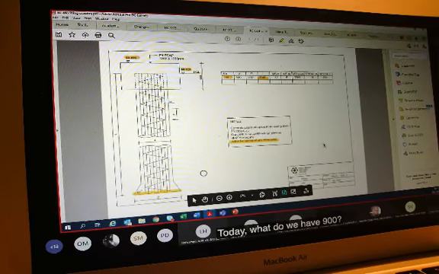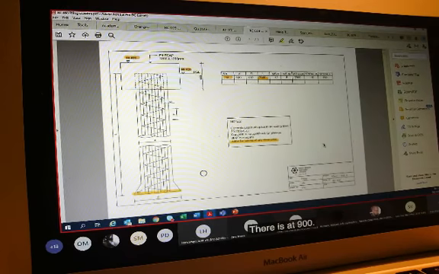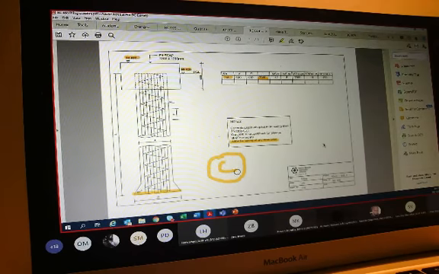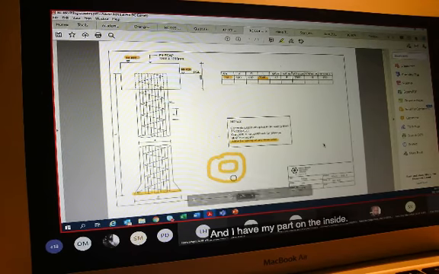I now need to determine what that 2.2 is. I need to measure the circumference of this foot. But from there to there, what do we have? 900, as the diameter there is 900.